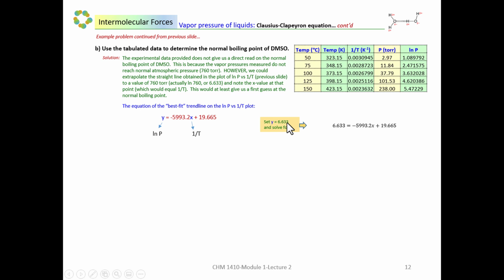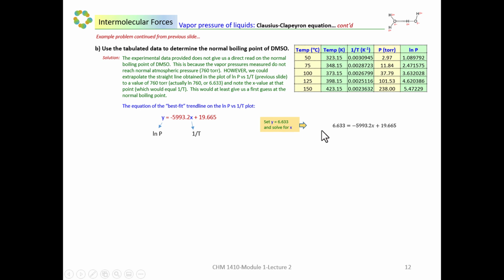Now, why would we do that? Because what we want to do is solve for T when P is 760 torr. And the ln of 760 is 6.633. So we want to know what's T when y here is 6.633.